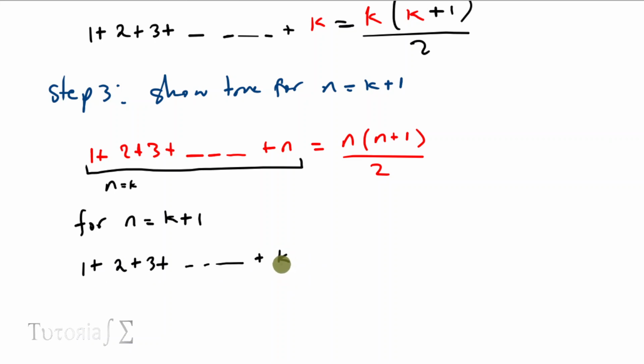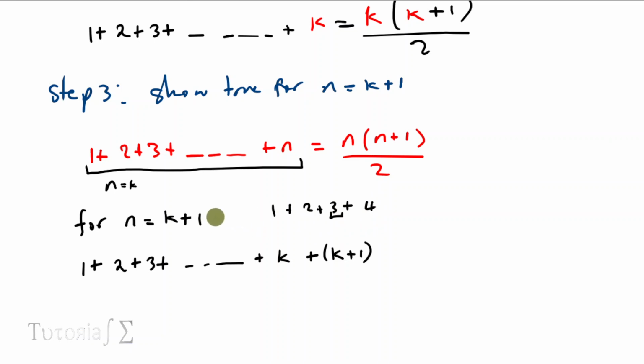Then when n is k plus 1, it will be this k plus 1. So there will be another term there. That is how it will be. It's more like when you have 1 plus 2, 3. What is 3 plus 1? 3 plus 1 is just 4.